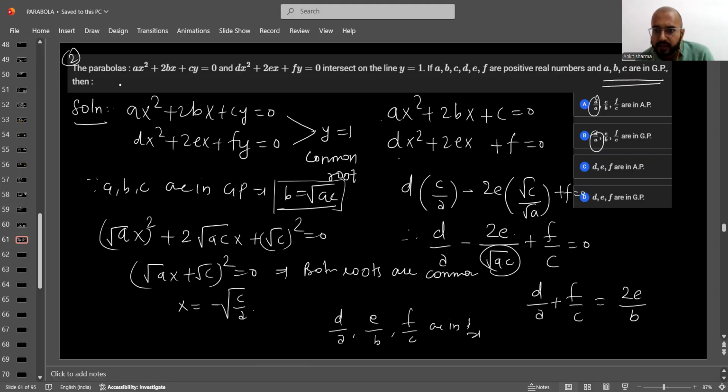Wait, this is the arithmetic mean, then fine, no issue, because E over B turns out to be the arithmetic mean. So that means they are in AP now. So this makes our option A correct.